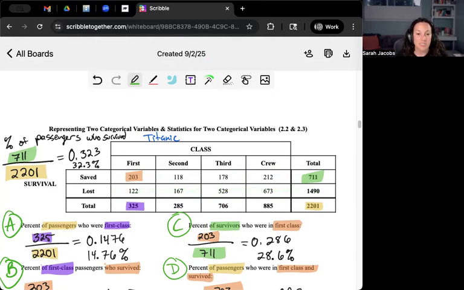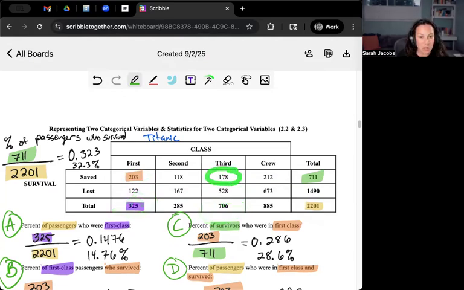The other thing to consider is if we look at the number of first class passengers who survived and the number of third class passengers who survived, those numbers are pretty close. I mean, in the context of 2,200 overall, this is pretty close to 200 and this is pretty close to 200. But that's not really what matters. We want to know relative to all of the first class passengers and relative to all of the third class passengers, right?